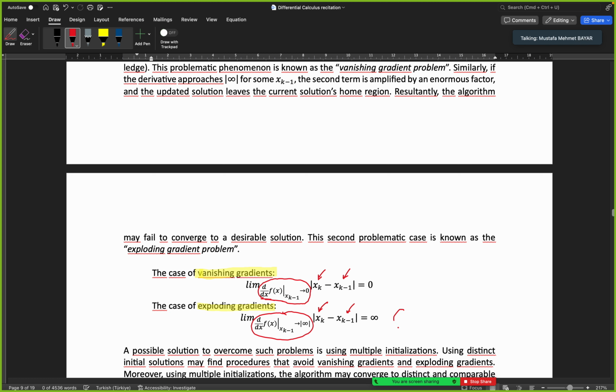So this is just a bomb. And this is just a snail. This is the difference between the vanishing gradients and the exploding gradients. Is it clear?